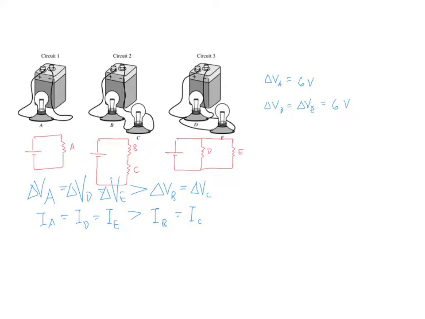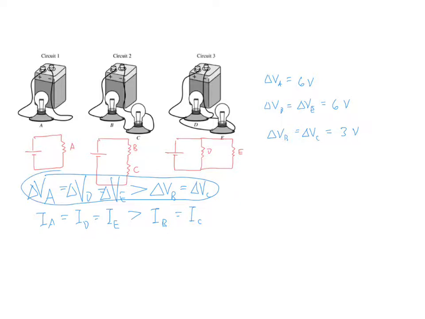That's why all three of those were ranked the same. But in circuit 2, the potential difference across B and C, they shared the voltage of the battery since they're in series. They added together, so each of those was just 3 volts. So those are all 5 potential differences, the numerical values. And you can see that it matches the ranking that we did right here.